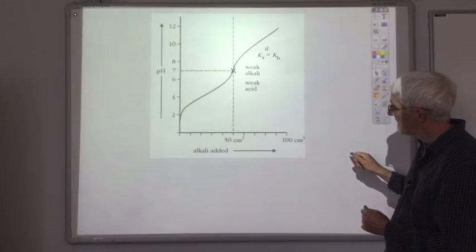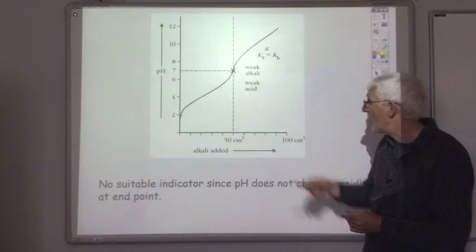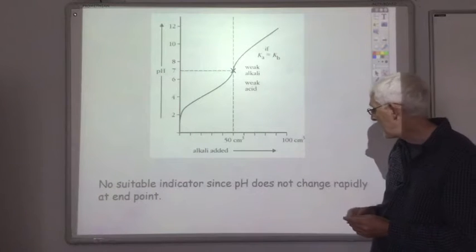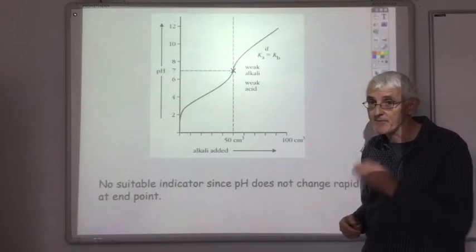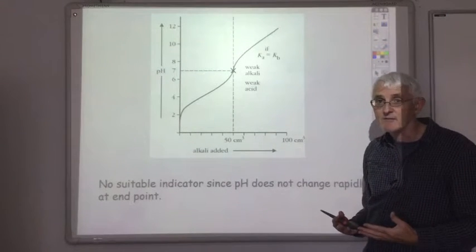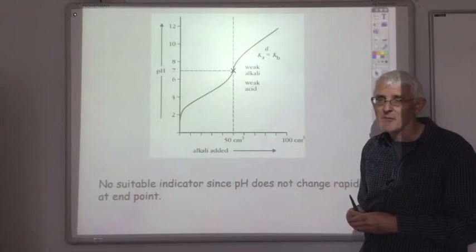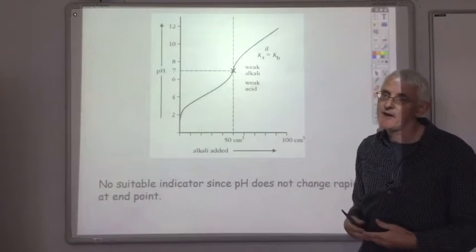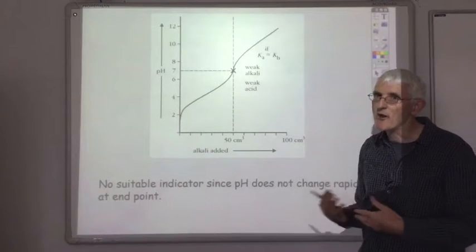So the thing to take away is that there's no suitable indicator for a weak acid against a weak alkali. If you were doing this titration, you need to use a pH meter. Indeed, a pH meter could be used for any of the titrations, but pH meters are expensive, very fiddly and time consuming to set up, so I would much rather use an indicator.